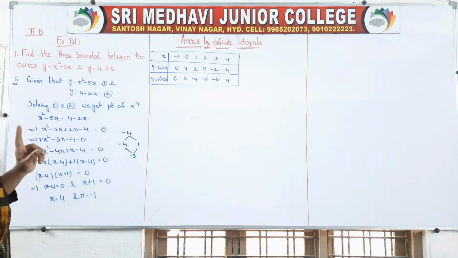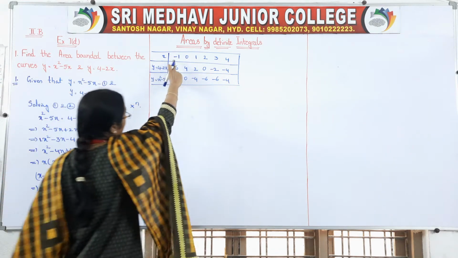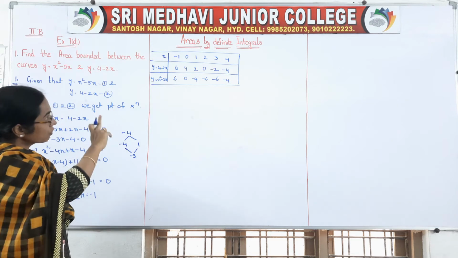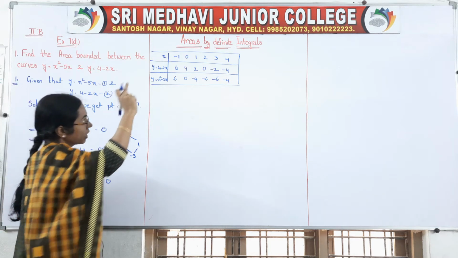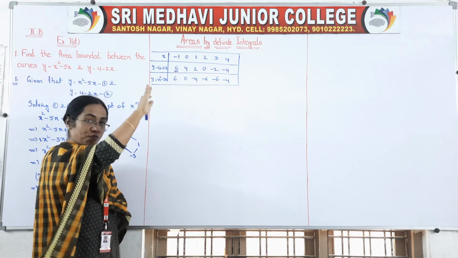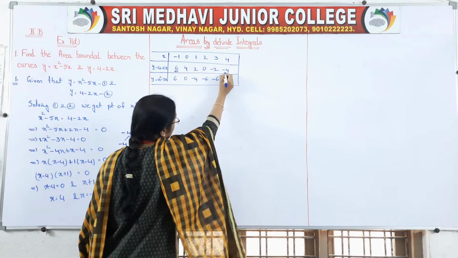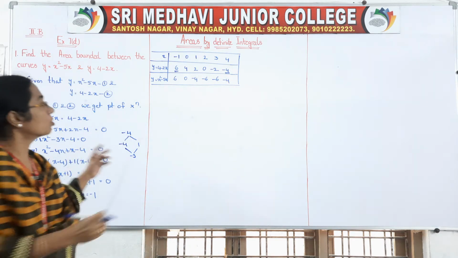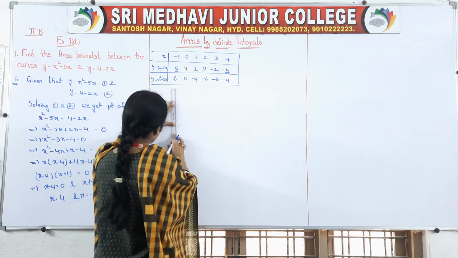So if you observe your x values, minus 1 is there and maximum up to 4 is there. If you observe your y values, maximum is 6, that is upwards, and downwards maximum is minus 4. So we have to draw the axes now.